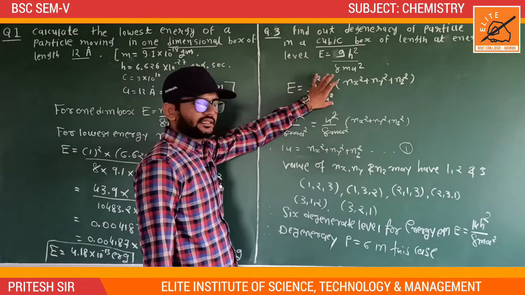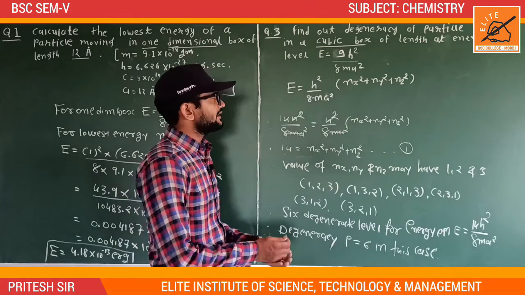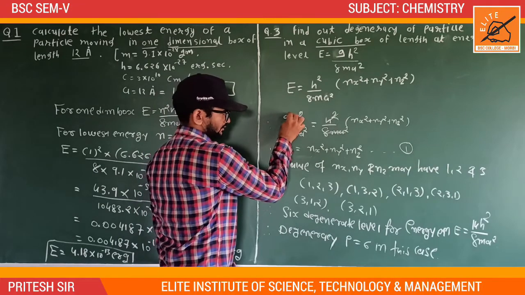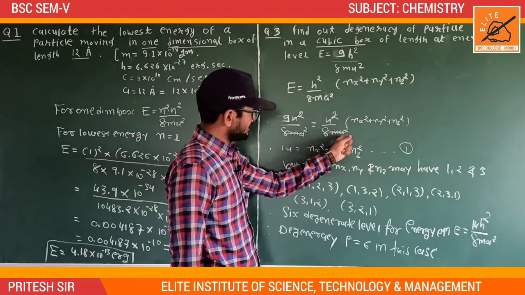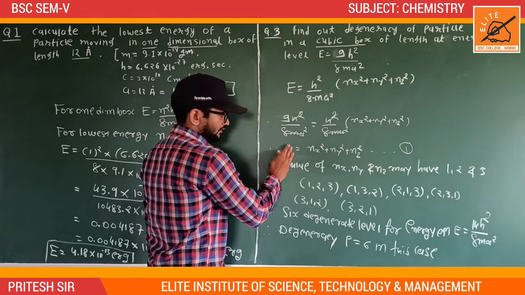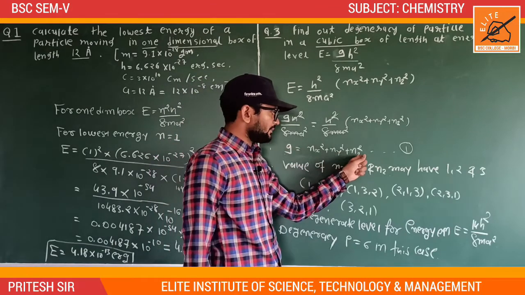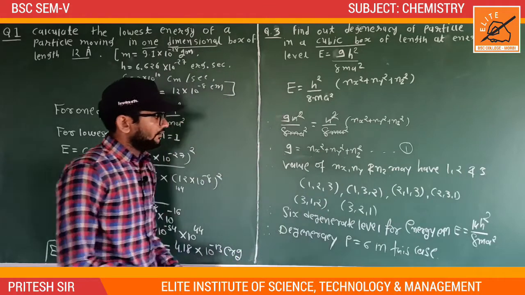This is the energy equation for a particle in a cubic box. In this case 14 is replaced by 9. The h² and 8mL² both cancel. Here the value is 9. So nx² plus ny² plus nz² is equal to 9. This is equation number 1.